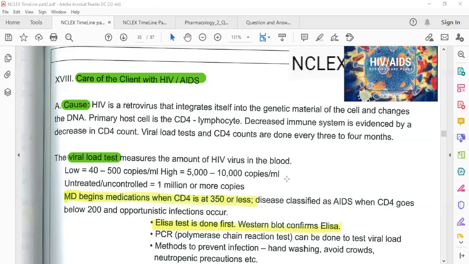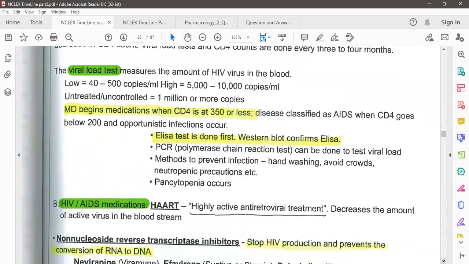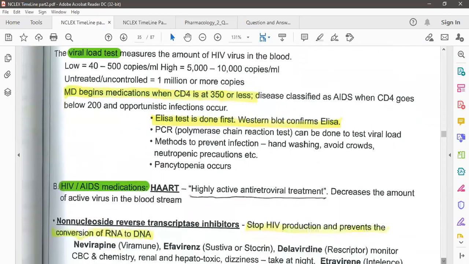If the patient is untreated or uncontrolled, 1 million or more copies may be present in the blood. The healthcare provider or physician begins the medication when CD4 is 250 or less. The disease is classified as AIDS when the CD4 count goes below 200 and the patient develops opportunistic infections.